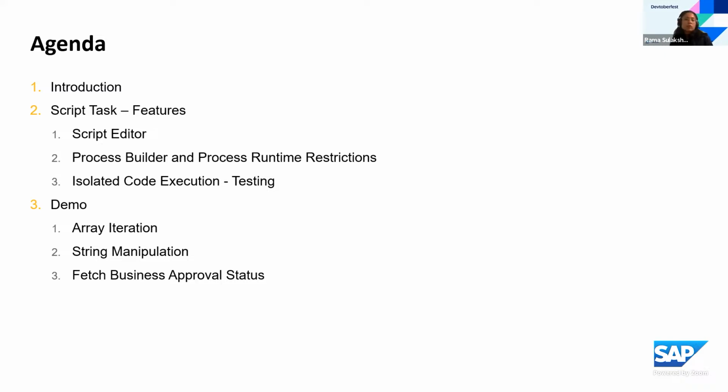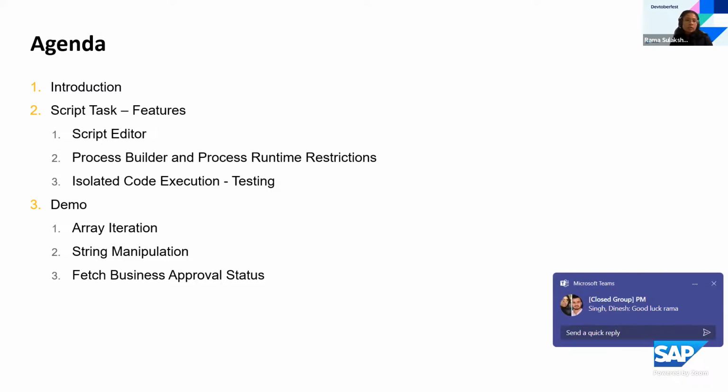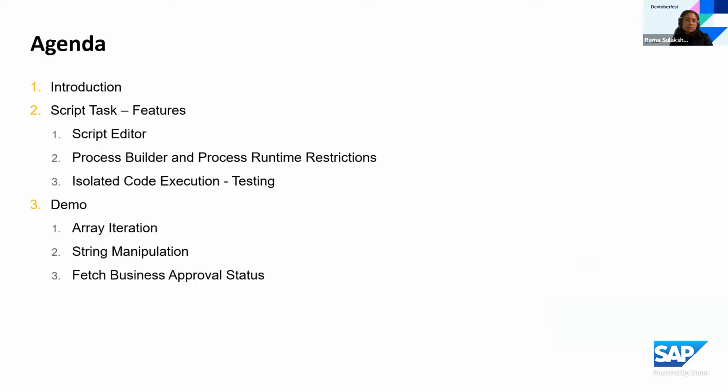In the demo, we will try to cover three typical use cases which will come in handy for a script task: an array iteration, string manipulation, and how we can fetch the business approval status, right? Whether a task has been approved or rejected. So this will be the agenda for today.